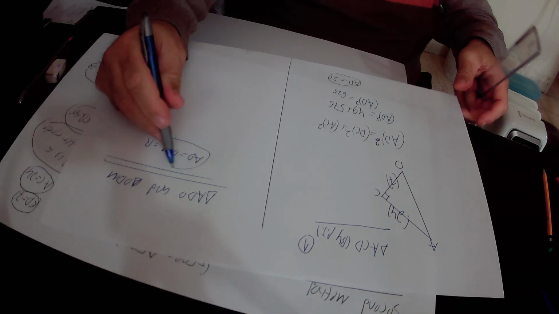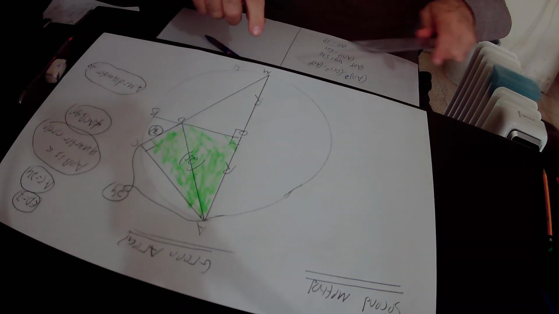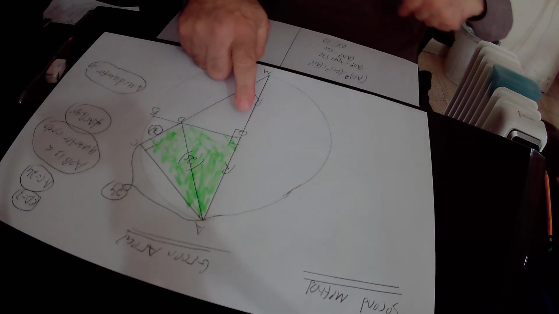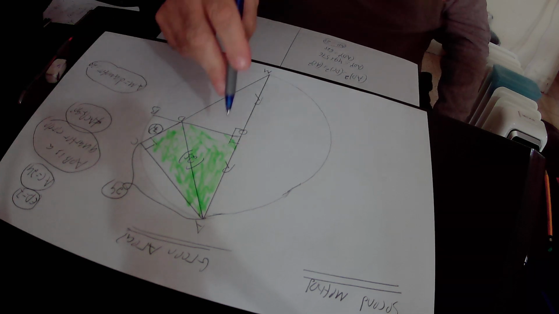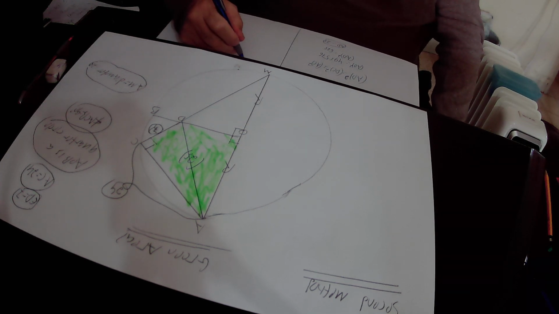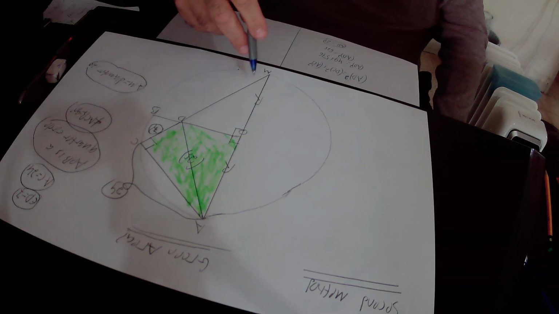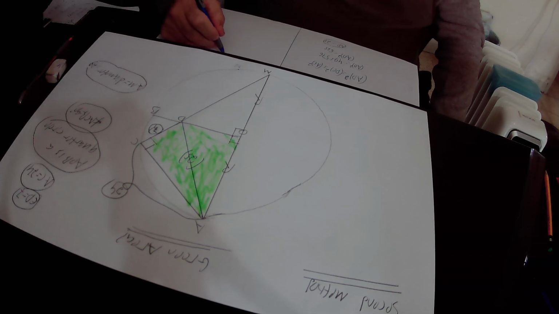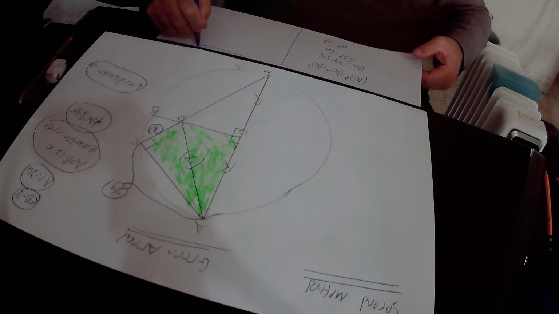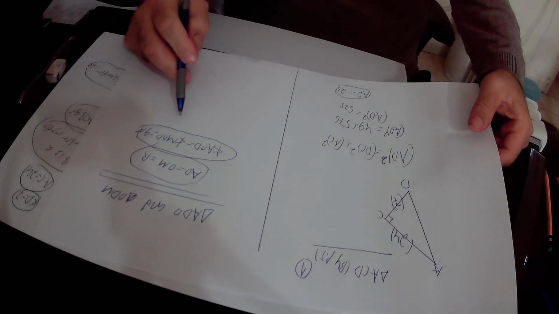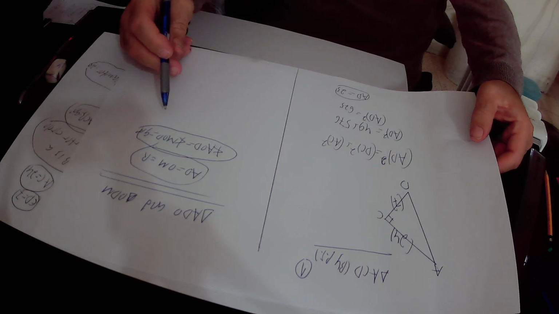In addition, those two angles are both equal to 90 degrees, therefore they are equal to each other. So angle AOD is equal to this angle MOD. Repeat again, angle AOD equals angle MOD, they are both equal to 90 degrees, therefore they are equal to each other.